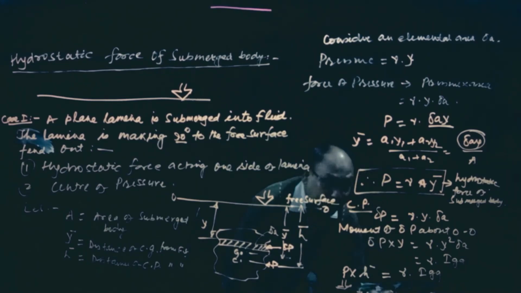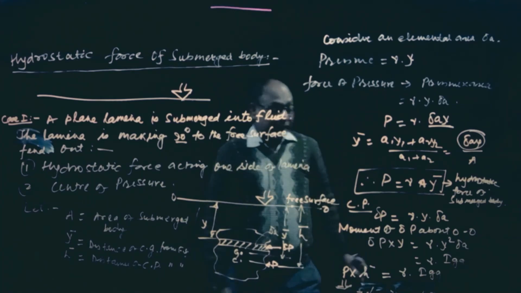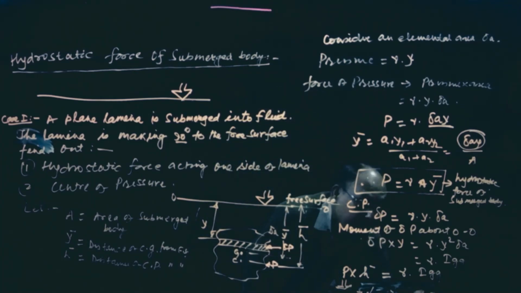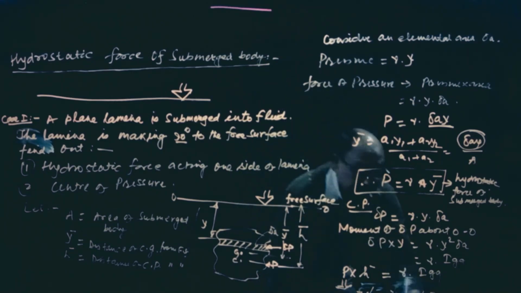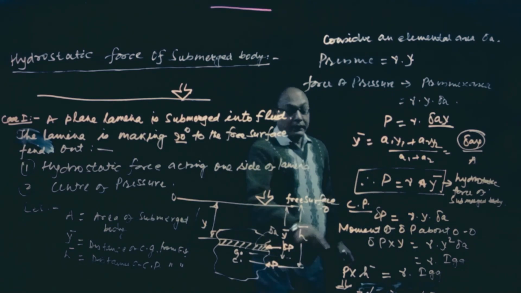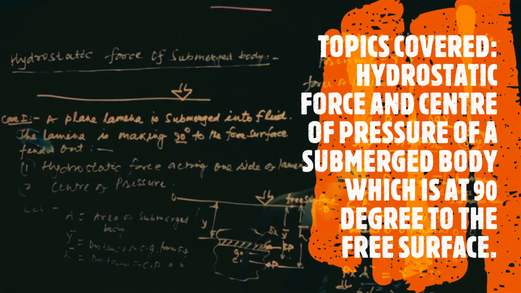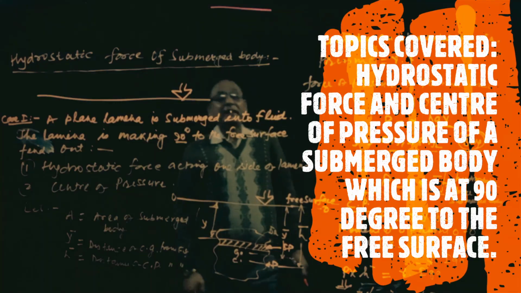Okay, so this gamma will get cancelled. So H bar will be IG by A Y bar. Okay. Then if we convert this one, the equation becomes H bar equals Y bar plus IG by A Y bar. This equation is going to give you the center of pressure equation. Okay. Rest of the thing I will discuss in next class. Thank you.